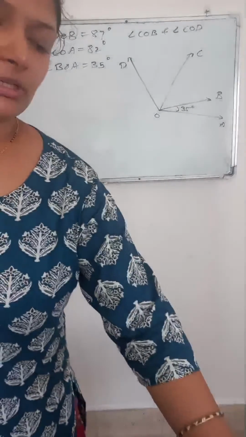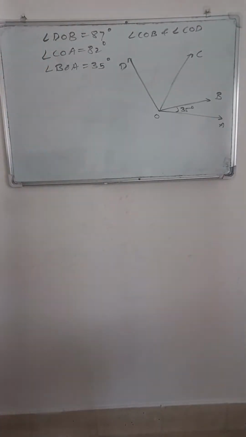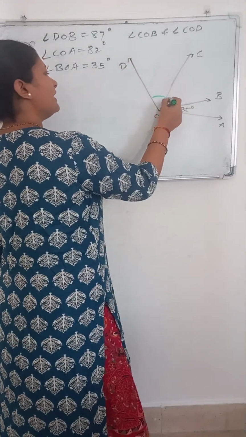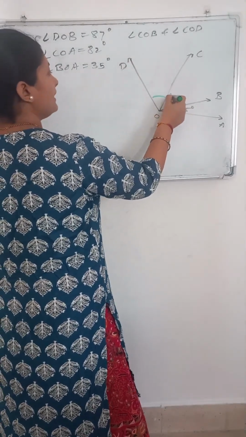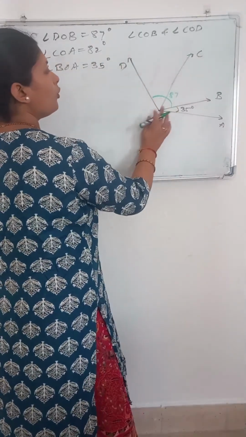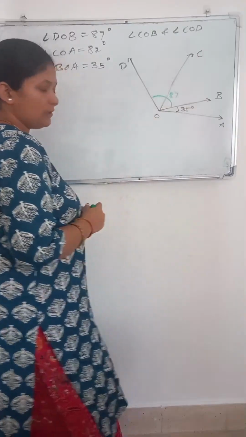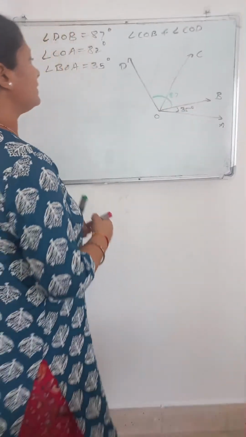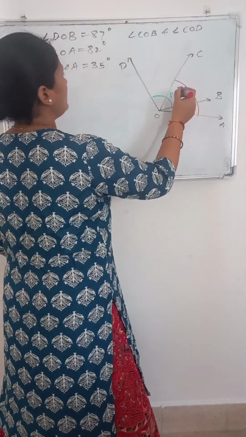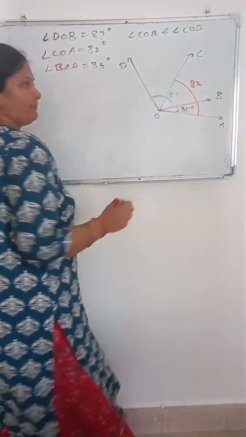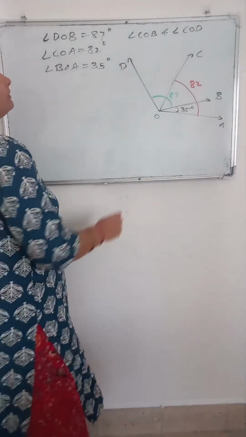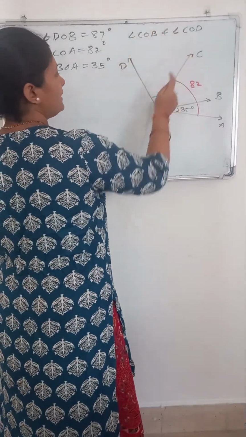This much information is given here, and they gave DOB, meaning this entire angle is 87, and angle COA, that means this bigger angle, COA is given as 82. So now we have to find angle COB.